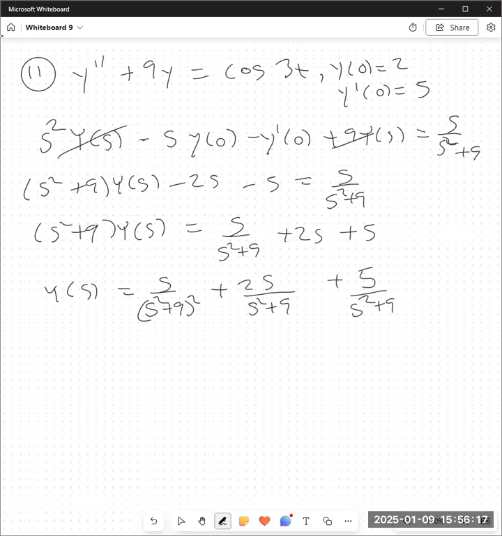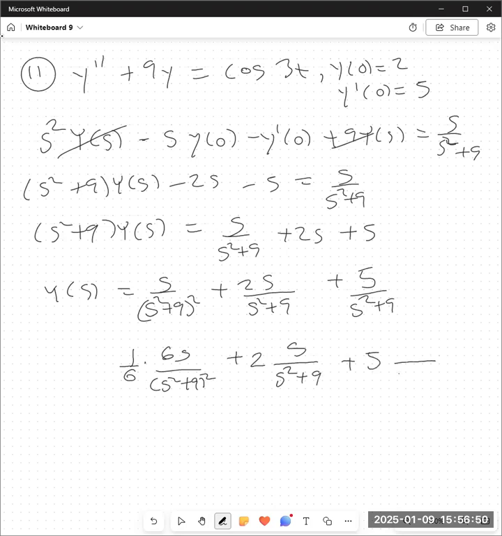So I need this to be a 2ks where k is 3. So I need a 6 and a 1/6. And then this one is okay. It's going to be s over s squared plus 9. And then this one needs to have a numerator of 3.